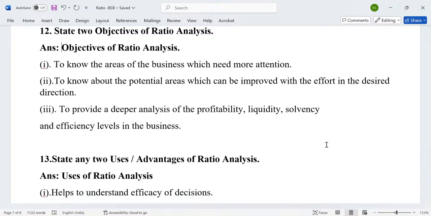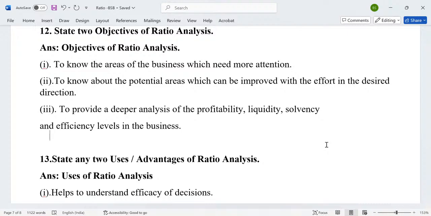Second, to know about the potential areas which can be improved, with effort in the desired direction. And third one is to provide a deeper analysis of the profitability, whether it is profitable or not, more profitable or less profitable, liquidity, solvency and efficiency level in the business.